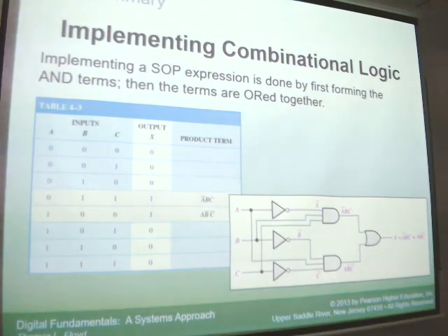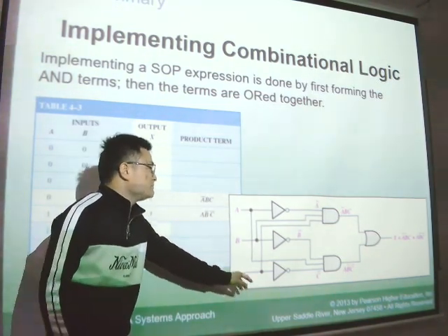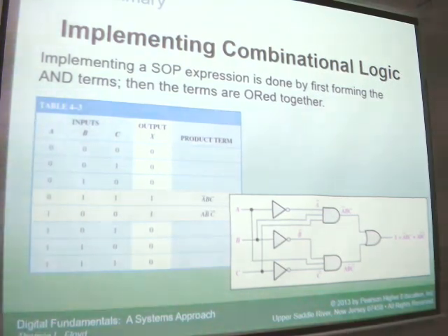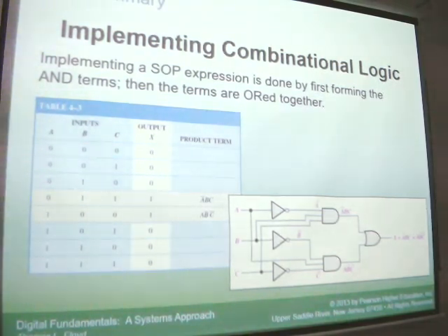It's done by first forming the AND terms, then the terms are ORed together. So it's very easy. If we know the SOP expression, then we can get the logic circuit.